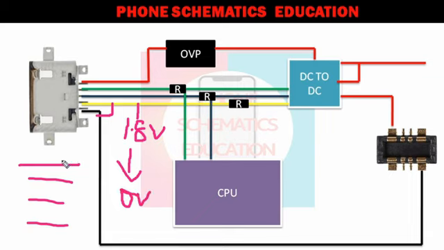So your positive connects to positive, data minus to data minus, data positive to data positive, and your ground connects to the ground pin. 4 lines connect with 4 lines. Now your 1.8 becomes ground, or you can say 0 volt.